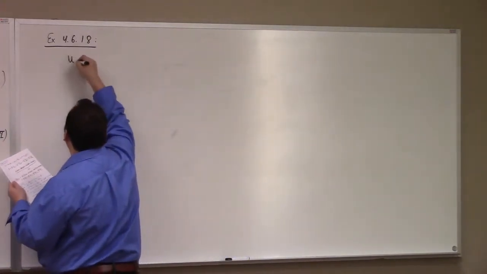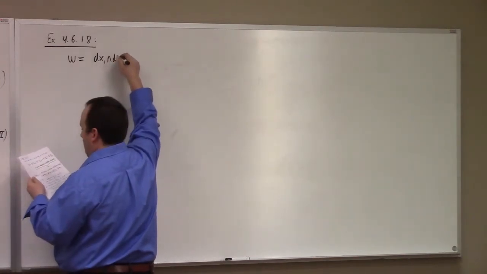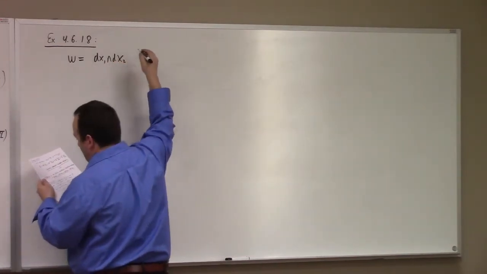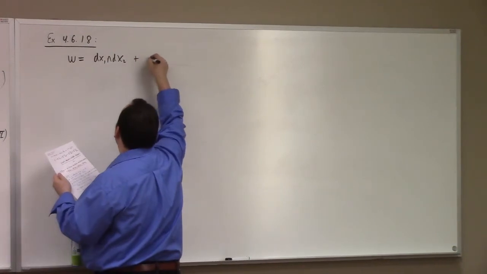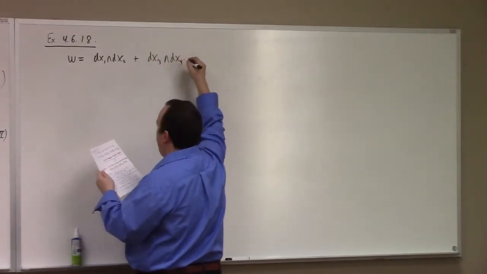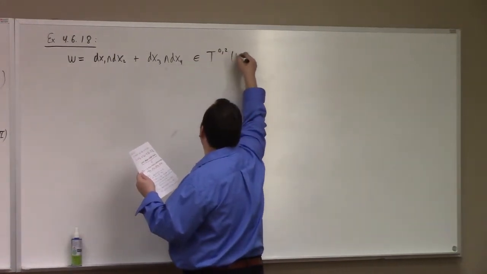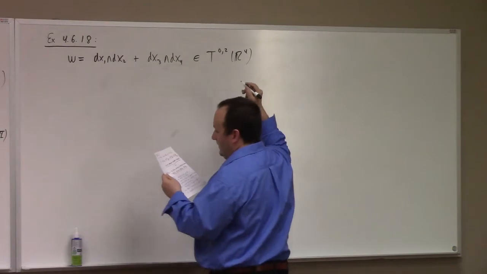Anyway, here it is. Omega is dx1 wedge dx2, plus dx3 wedge dx4. If it was dx1 wedge dx1, that would have been easy. So this is a 0, 2 tensor on R4.